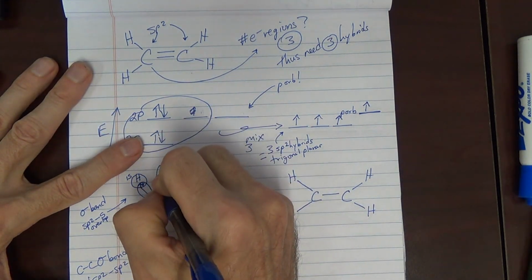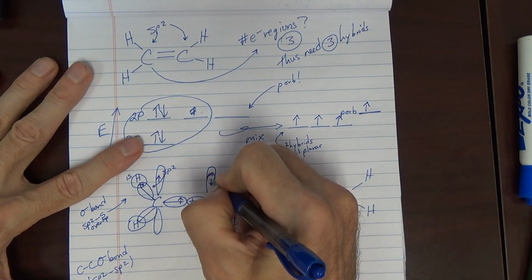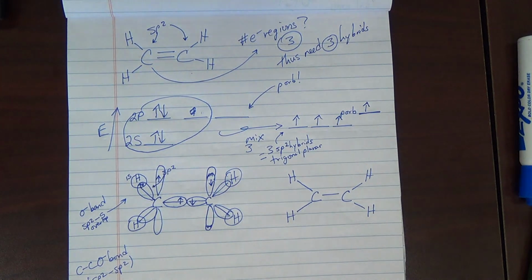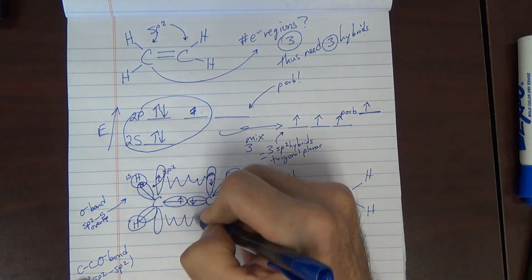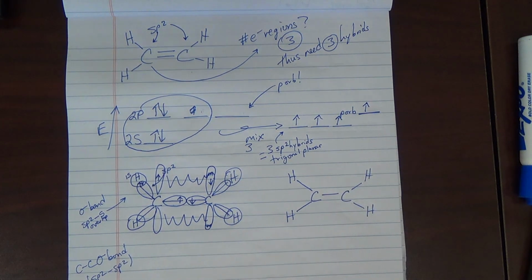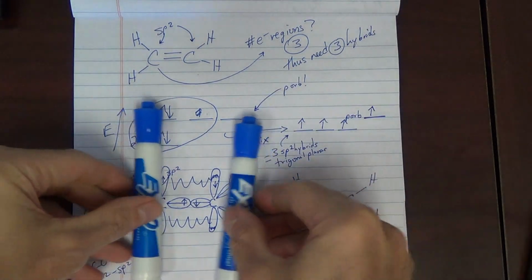And there's one electron here, and there's one electron here, but guess what? These two orbitals are interacting side to side. Those are interacting like this.